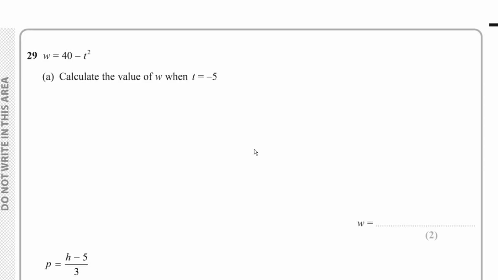Question number 29. W equals 40 subtract t squared. We have to calculate the value of w when t equals minus 5. So we have w equals 40 subtract minus 5 squared. So we've got 40 minus 25, which is equal to 15.